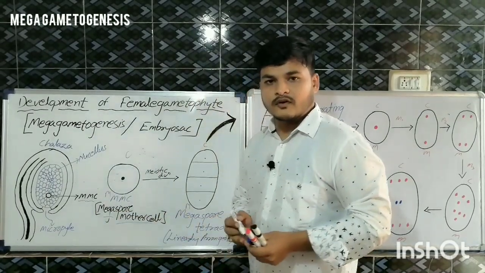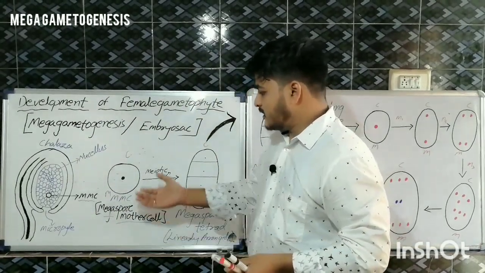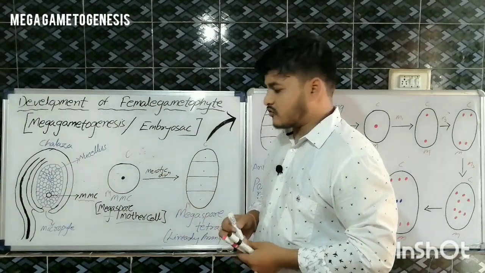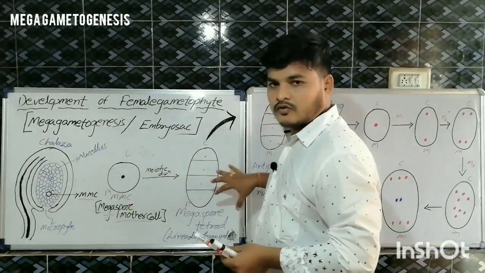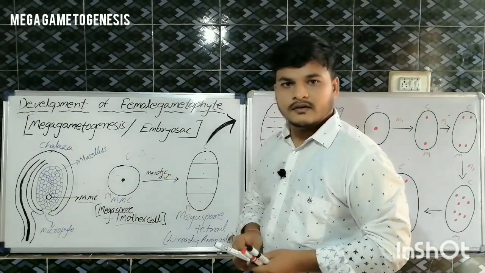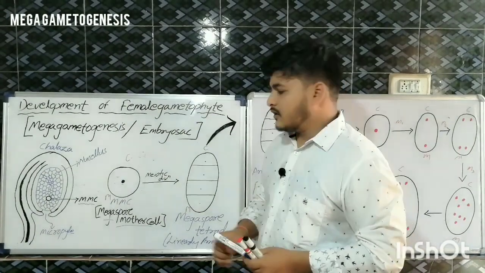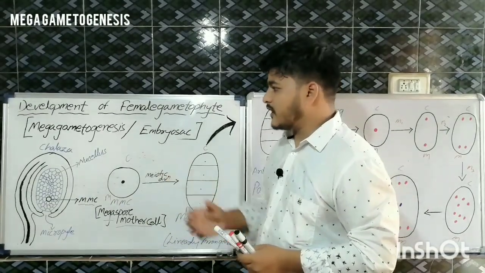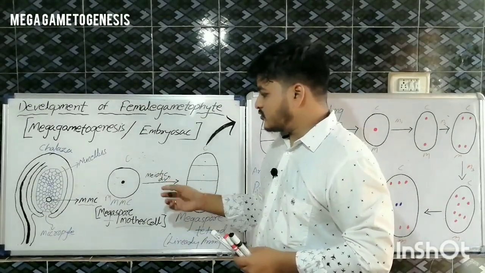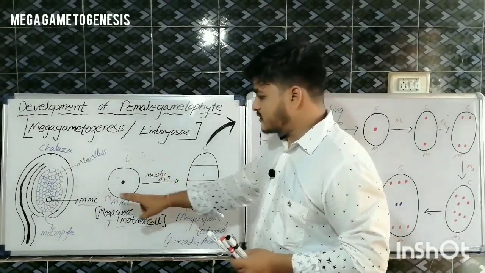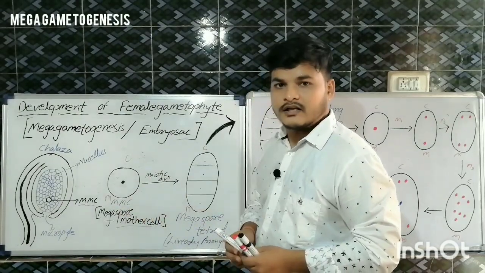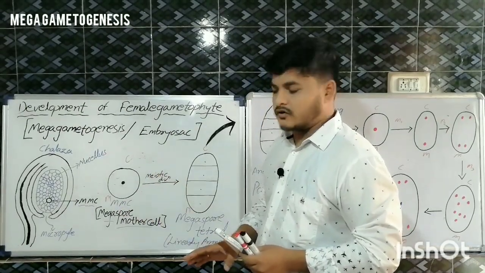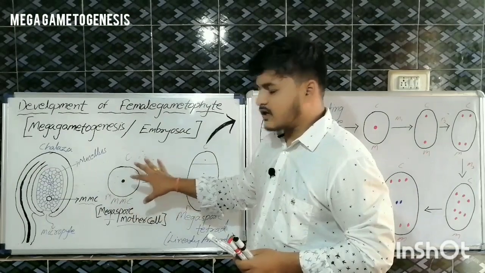The megaspore mother cell divides again to form the next structures. Before going to the total mechanism, I want to clear a point: whenever you draw these types of diagrams of megagametogenesis, try to mention the two parts, the micropylar end and the chalazal end, because these parts are quite important.